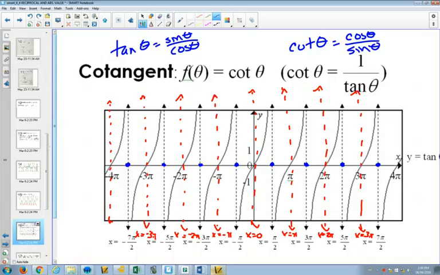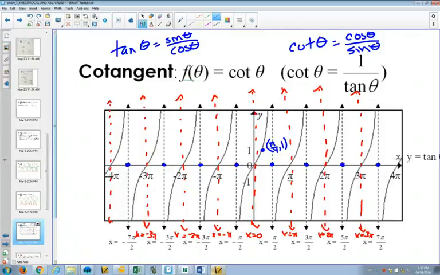What happens at pi over 4 for tan? What's tan of pi over 4? It's 1. So if I put that point on here, that would be pi over 4 comma 1. Can you see that that point is also on cotangent?